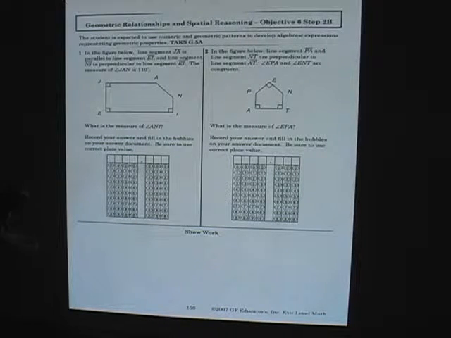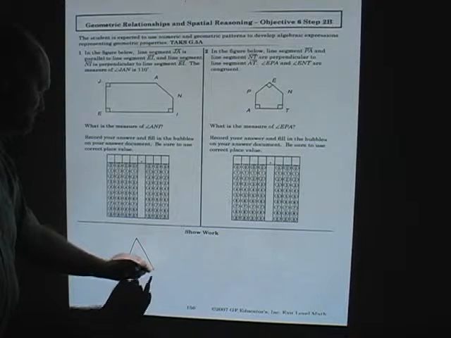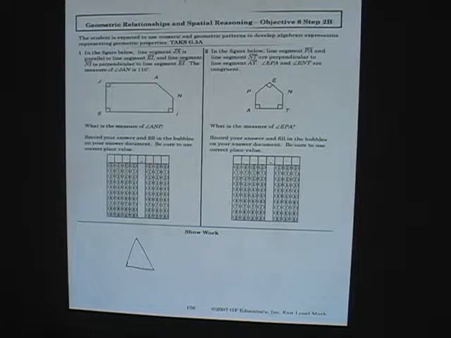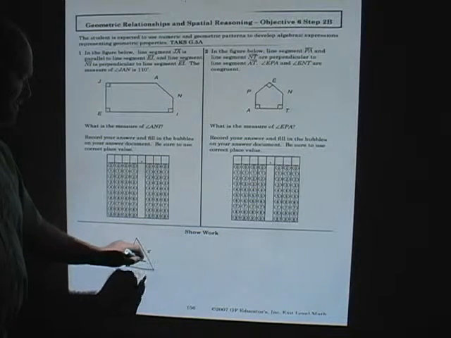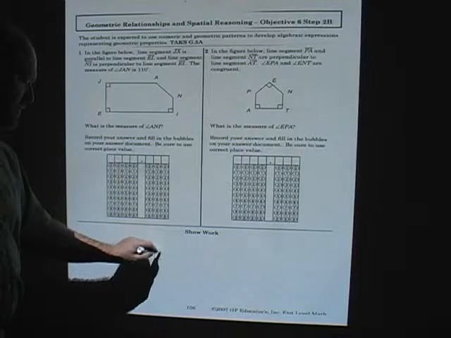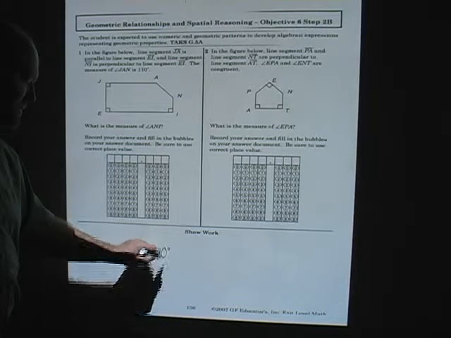Okay, one thing that I want to go over with you before we start this is the idea that a triangle, and this is true of any triangle, the 3 angles, when you add them up, equal 180 degrees.